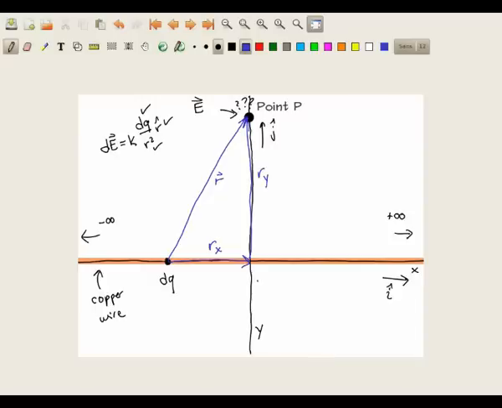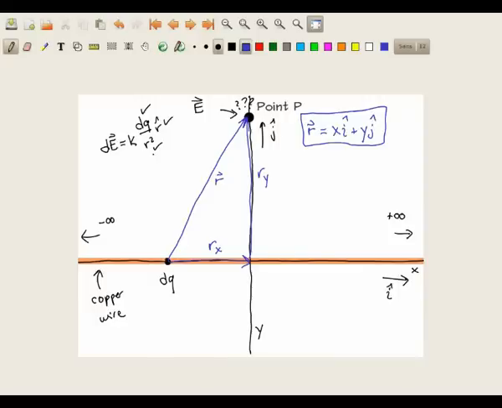Now, in terms of our coordinate system, this here is some positive distance x from where dq is located to the origin, where point P is located, and this is some positive distance y from, again, the origin up to the point P. So we can immediately write our vector in terms of our coordinate system. It's x i hat plus y j hat. That's our nice generic r vector. And that's pretty much as simple as we can make it right now.